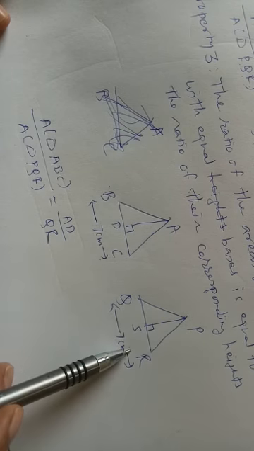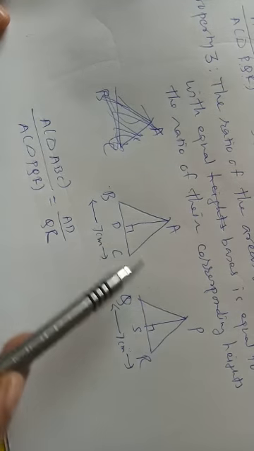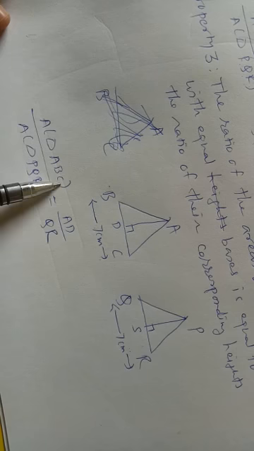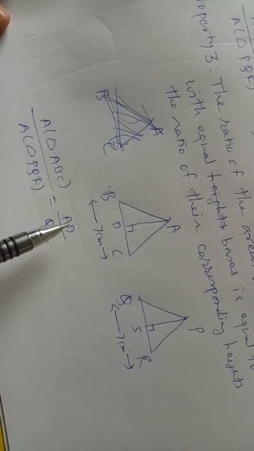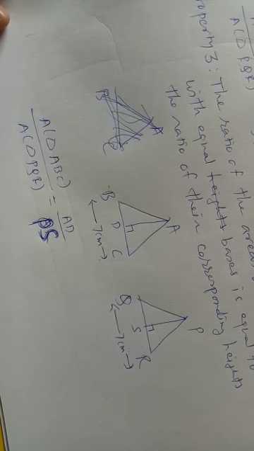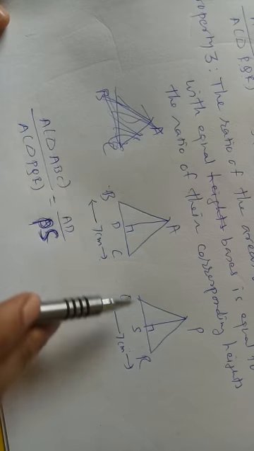When bases are equal, then we have to consider their heights AD and PS. So area of triangle ABC upon area of triangle PQR is equal to AD upon PS. We have to consider their heights because bases are equal.